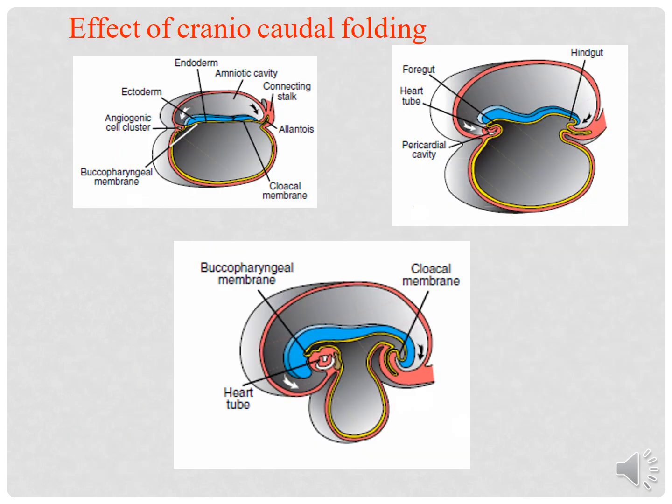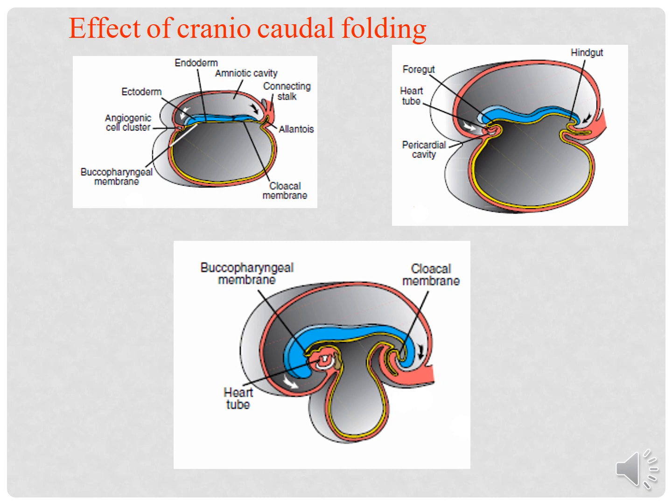In this diagram, we can see the cardiogenic area, that is the heart tube, the area from where the heart has to develop. So it becomes ventral in position, and the cranial end of the intraembryonic coelom as well as the developing heart, which were lying initially below the septum transversum, now become cranial to the septum transversum.